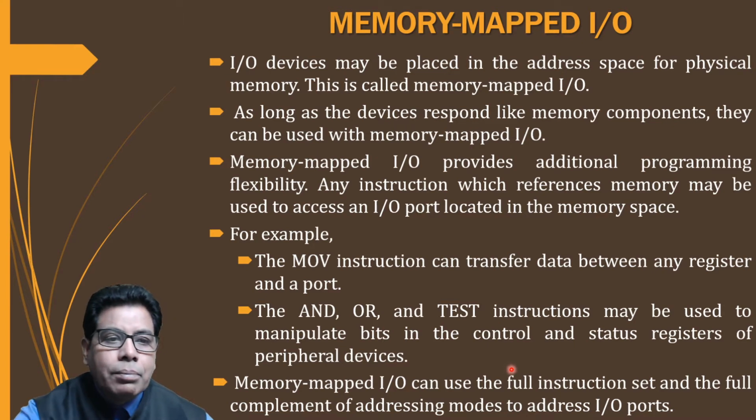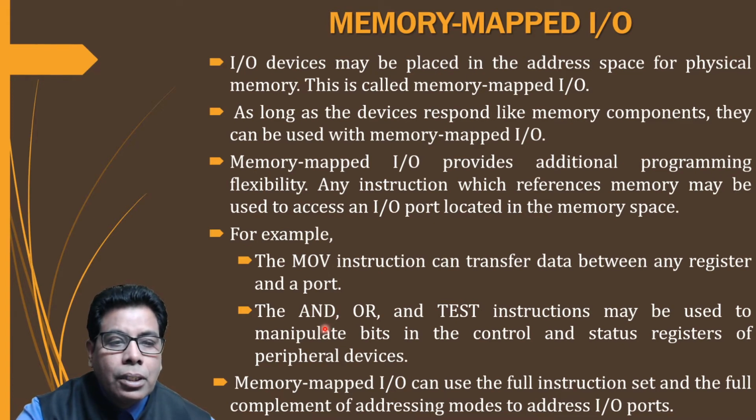For example, the MOV instruction can be used to transfer data between any register and a port. We already have a number of MOV instructions, as in the 8086, and then the other instructions for Boolean operations, AND, OR and TEST, may be used to manipulate the bits.